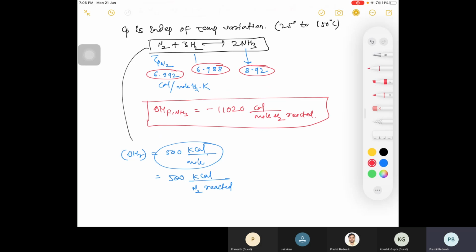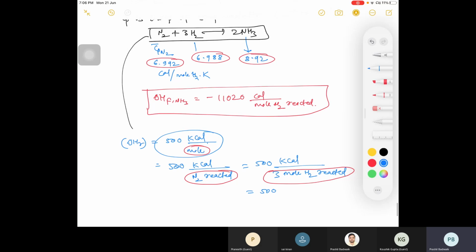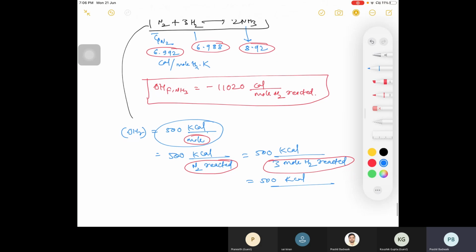This per mole is per mole nitrogen reacted, which equals 500 kilocalorie per 3 mole hydrogen reacted. It is also equal to 500 kilocalorie per 2 mole NH3 formed. This is your standard.